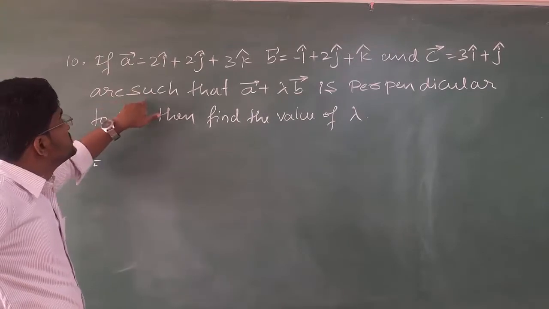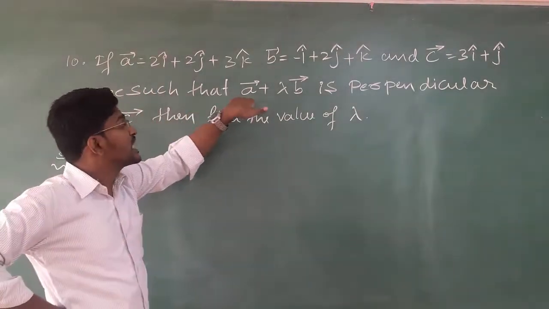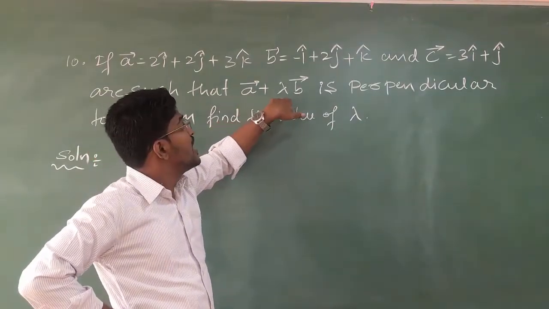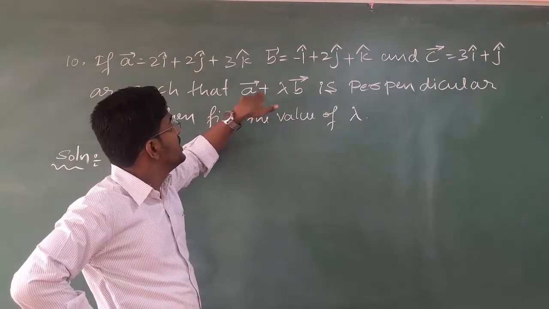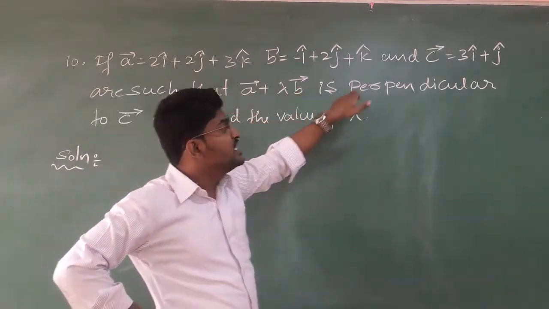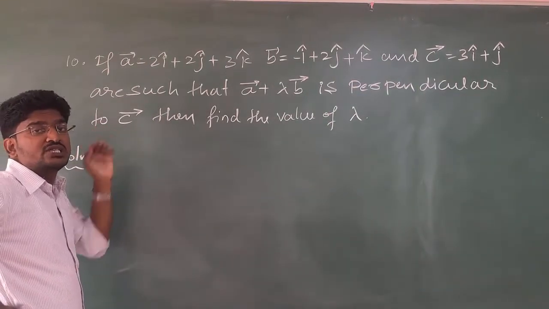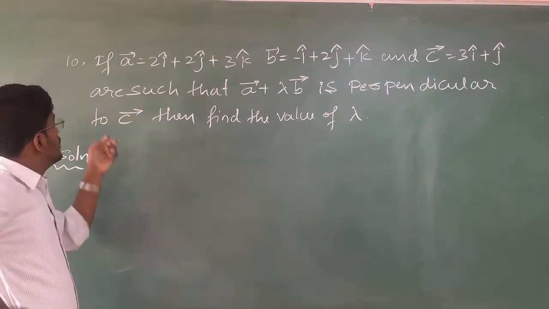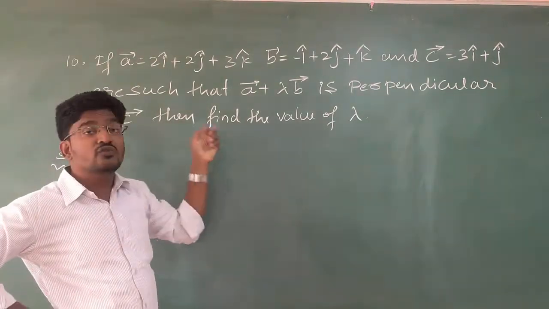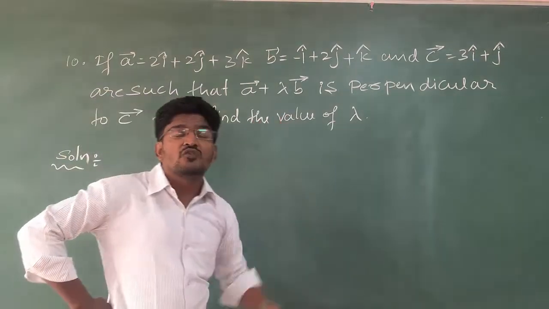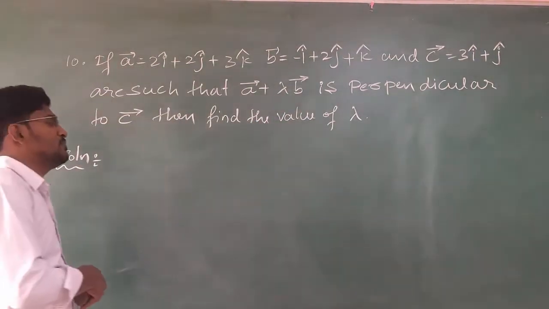Lambda is such that vector A plus lambda vector B is perpendicular to vector C. Then find the value of lambda.